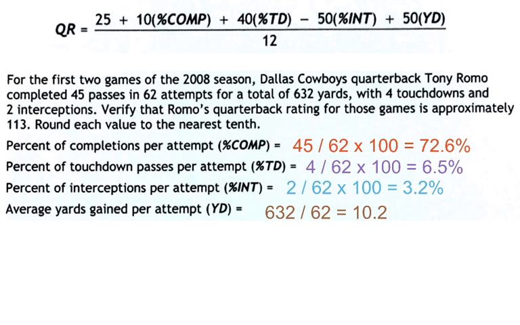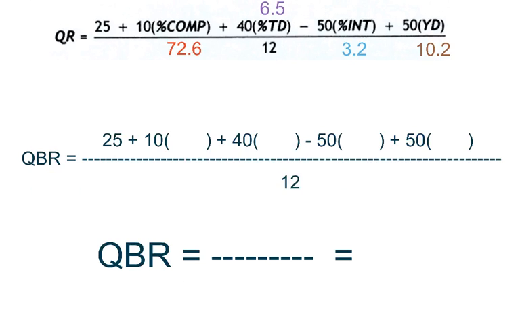Then we take each of these results for the variables and plug them into the formula. So we take 72.6 and we plug it in for percent completions. We take 6.5, plug it in for percent touchdowns, 3.2 for percent interceptions, and 10.2 for average yards.